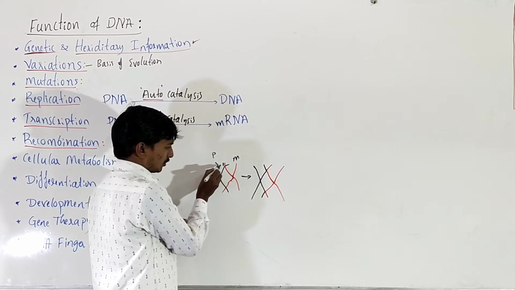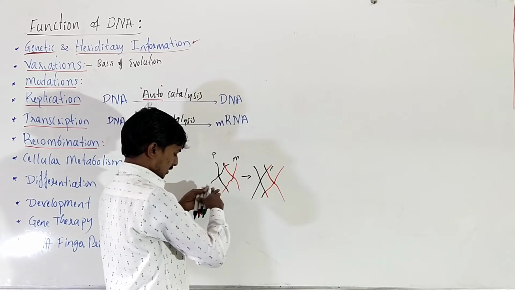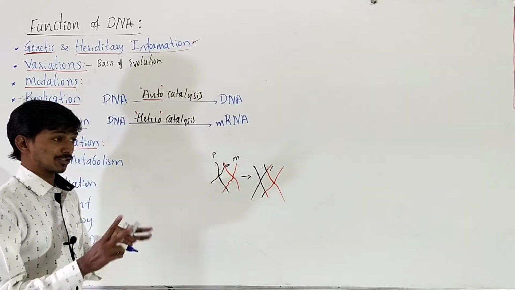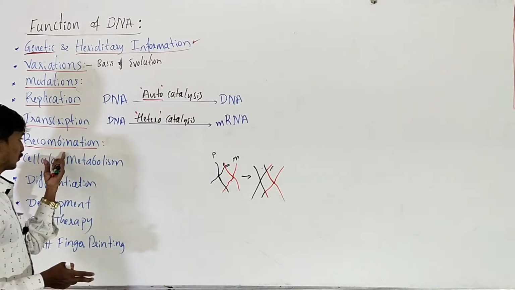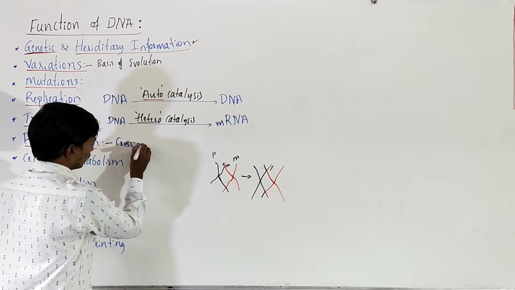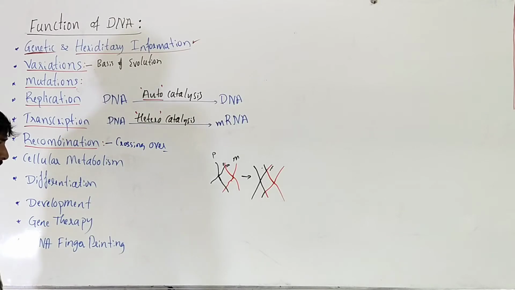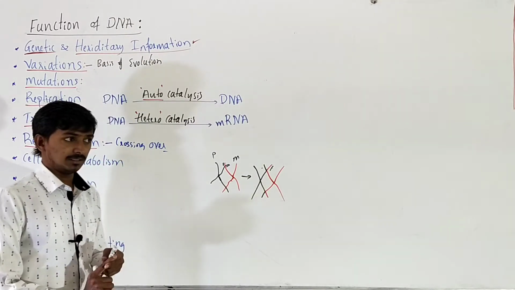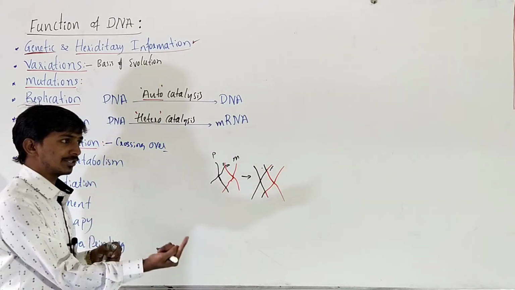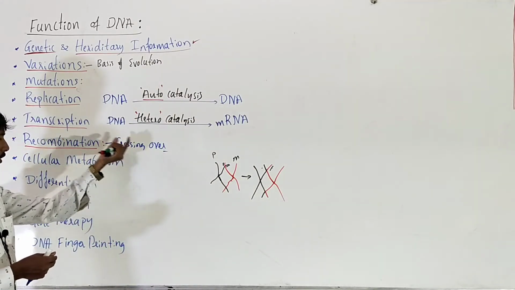This part of the maternal chromosome has joined the paternal chromosome here, and this part of the paternal chromosome has joined here. So the two parts are exchanged. This process is called recombination, also known as crossing over. Crossing over means exchange of genetic material, or a segment of a gene is exchanged between the two chromosomes.